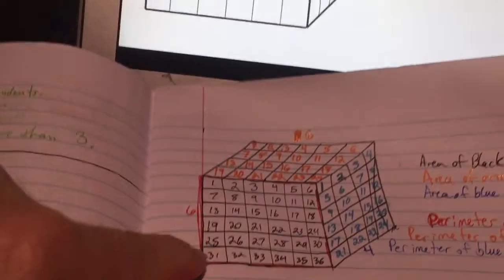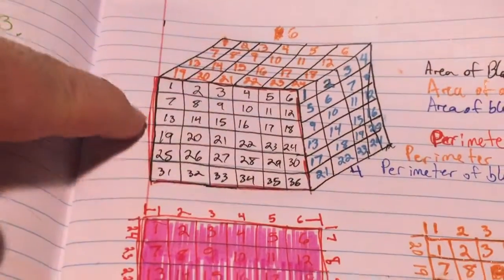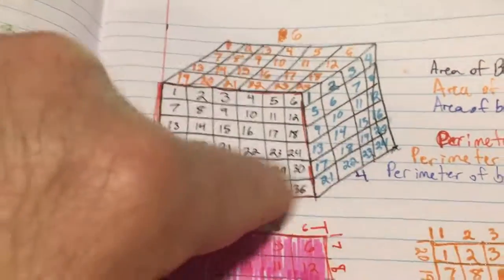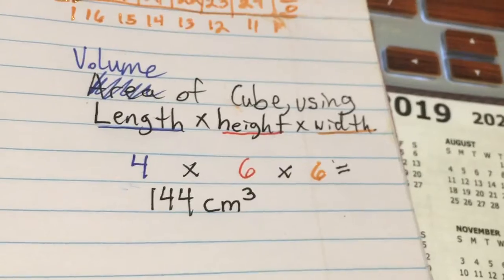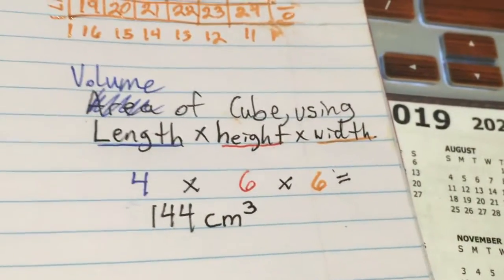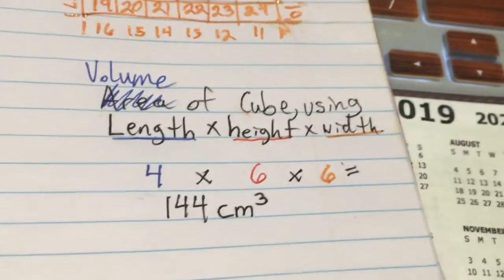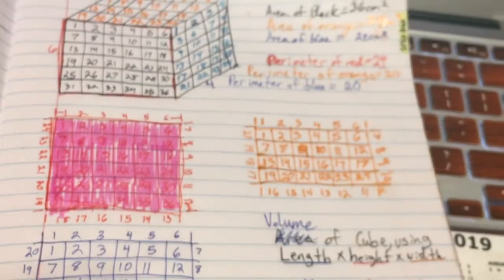So it turns out that I have 4 faces stacked together, which means 36 in one face times 4. Sorry, 6 times 6 is going to be 36, and 36 times 4. Okay. So that is the end of this short instructional video.